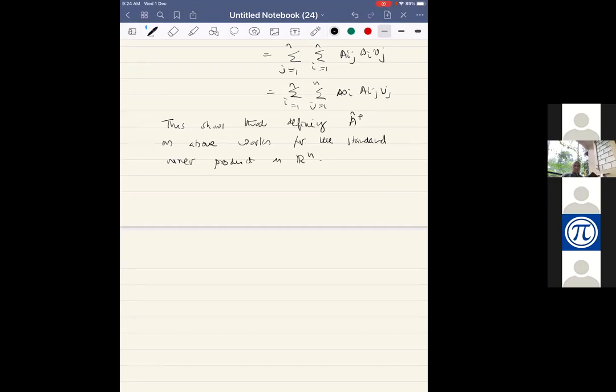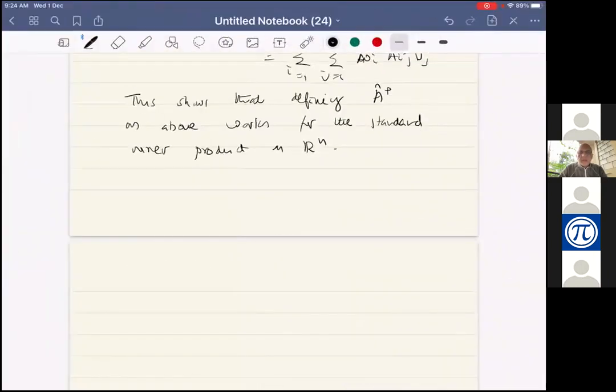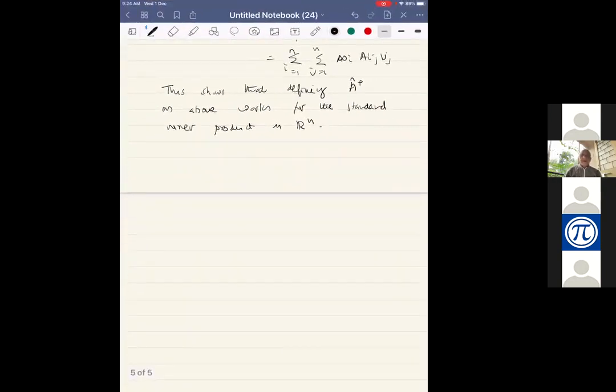Okay, so in other words, the operation on matrices that you are familiar with, taking an n by n matrix and taking its transpose, has the property for the standard inner product on Rn that the corresponding linear maps satisfy it. So in other words, A transpose corresponds to A hat going to A hat dagger.